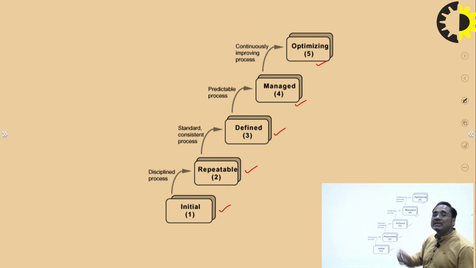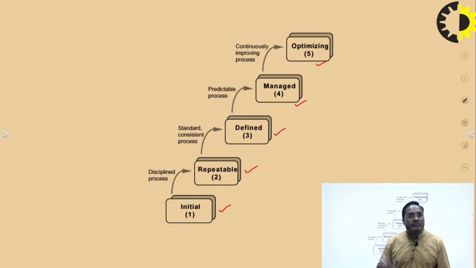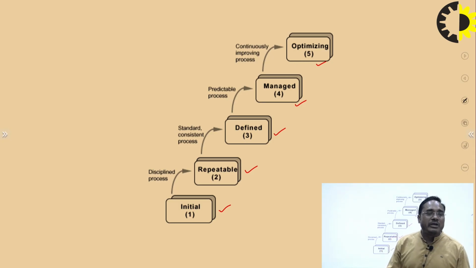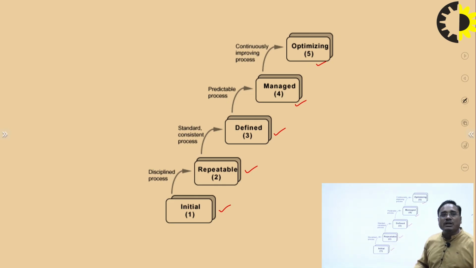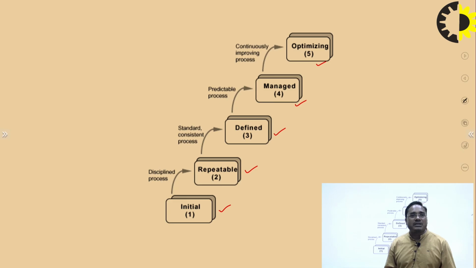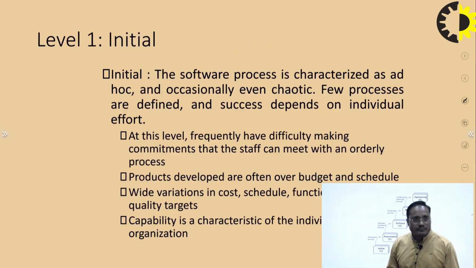The predicted process is already given in your system, through which we use and manage things. And the last one is the continuous improving process. In future, if you want to optimize the software, you can, because software is a dynamic process.